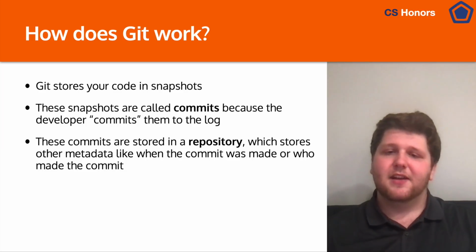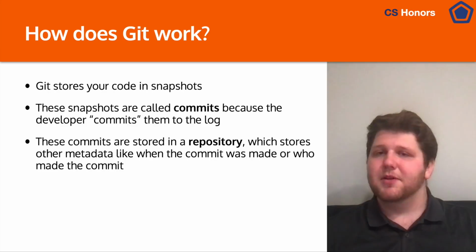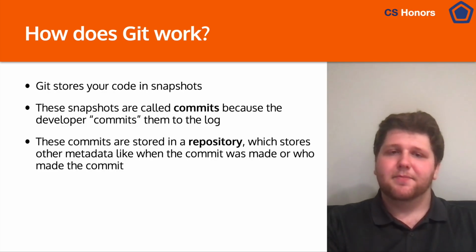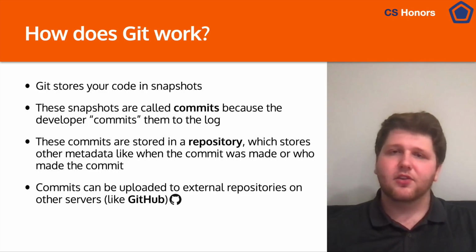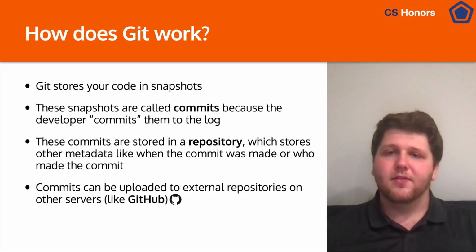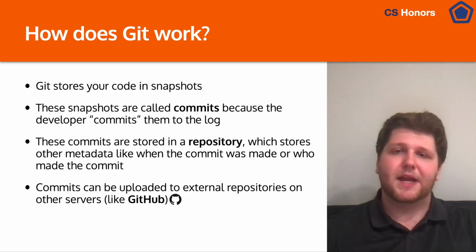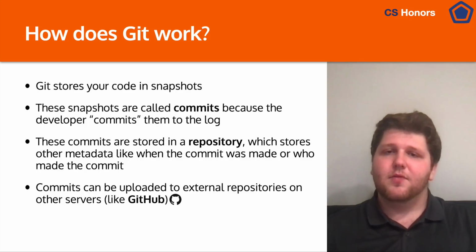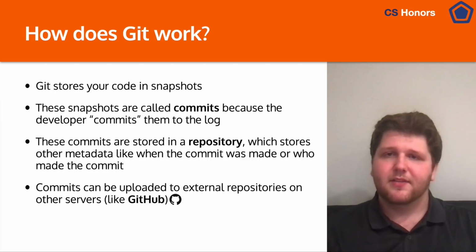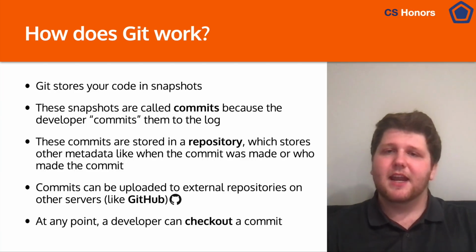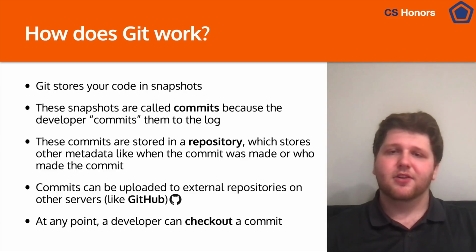It also stores other metadata, like when the commit was made or who made it. Commits can then be uploaded to external repositories on other servers hosted by GitHub or by a company. What you're able to do is send other people your code by sending these commits. Finally, at any point, you can go to one of those servers and check out a commit to see what that snapshot had in the code.